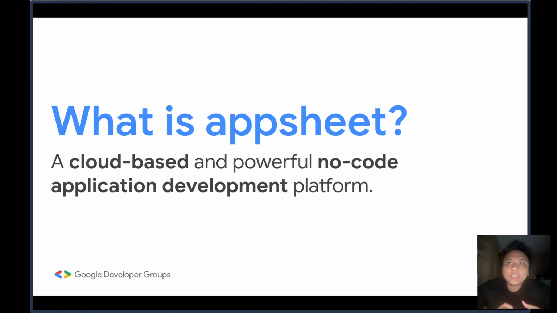Google Workspace is the set of tools from Google that we use on a day to day basis. Some of them include Google Docs, Google Sheets, Google Forms, Google Slides, Google Sites, and a lot more. But for this talk, we will mostly be using Google Sheets and Google Forms.